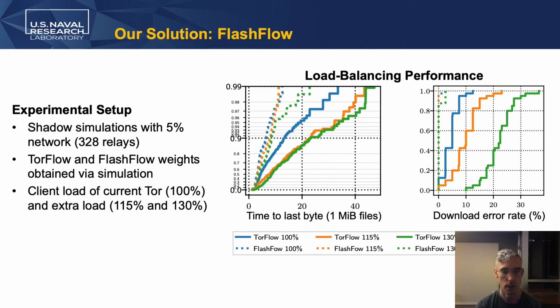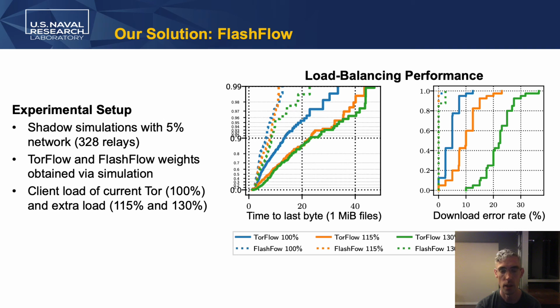The measurement results show that the download speeds for the Tor network when using the FlashFlow weights were faster overall than the download speeds when using the TorFlow weights. And in particular, for the slowest 10% of downloads, the FlashFlow weights yielded half the download time or less than the TorFlow weights.